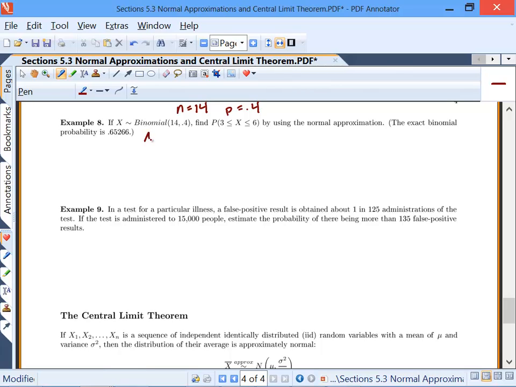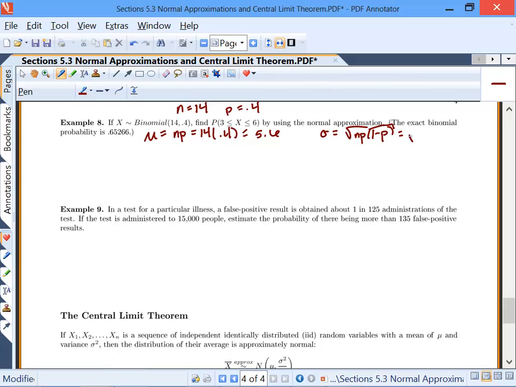So first thing we need to calculate is my mean. We know my mean will be n times p, so 14 times 0.4 gives me 5.6. And my standard deviation is the square root of the variance, which is np times 1 minus p.